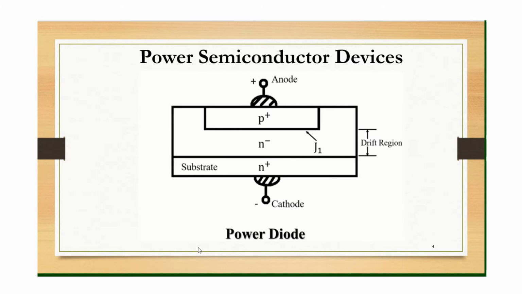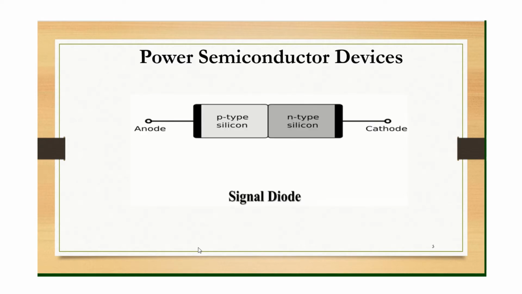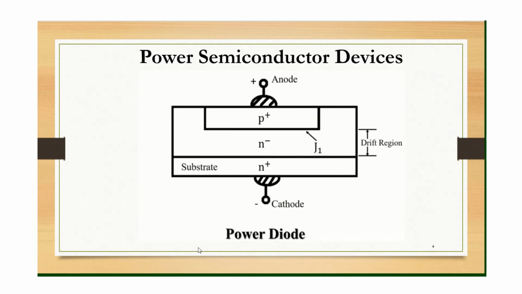Whereas in a signal diode, the doping level of both P and N type is the same. Hence, we get this PN junction. Whereas in power diodes, we have a junction formed between a heavily doped P plus material and a lightly doped N minus layer, which is epitaxially grown on a heavily doped N plus layer, which is called the substrate.